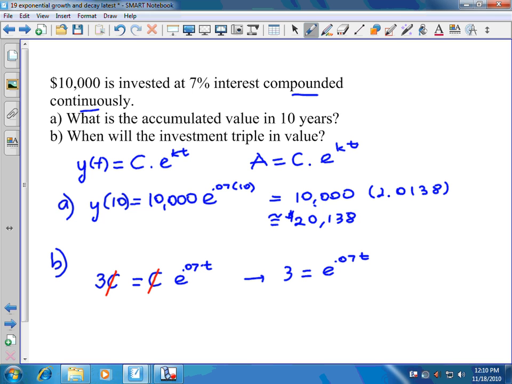And how do we solve for t in this equation? Since it appears in the exponent, we have to apply the inverse of exponential function, which is the logarithmic function. So I'm going to apply natural log to both sides.